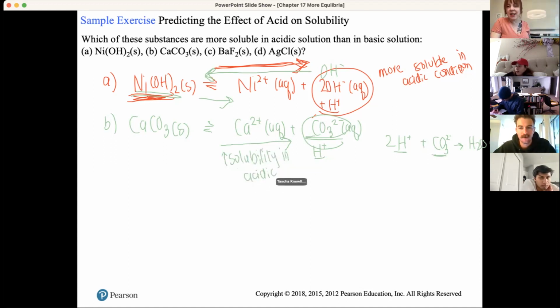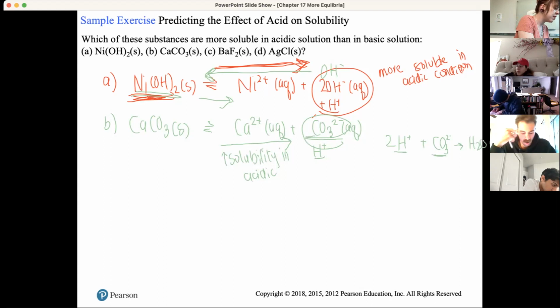If I add hydroxide, is hydroxide a part of this process at all? Do we see hydroxide? No. So I would assume it wouldn't have any effect. So no effect in a basic solution, but acidic solution for sure.